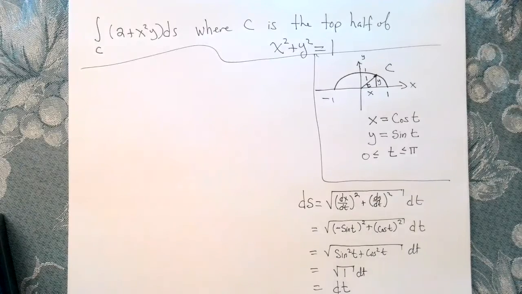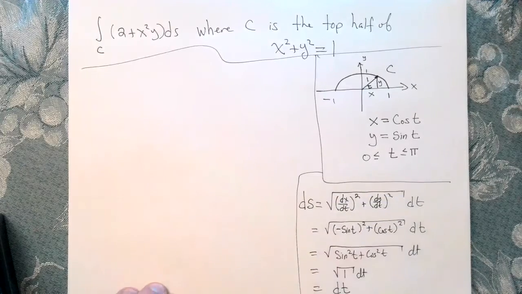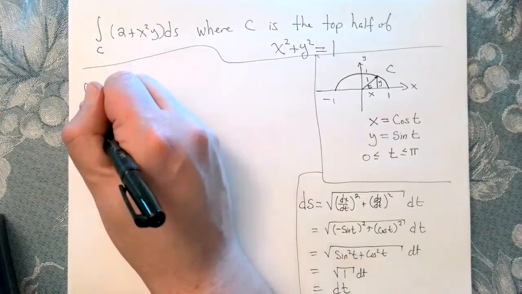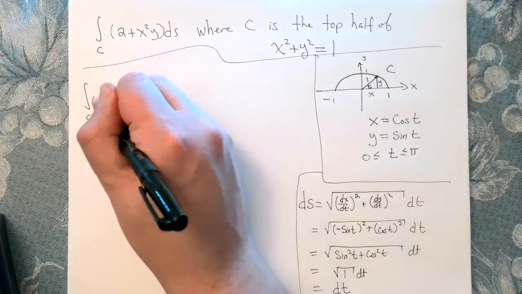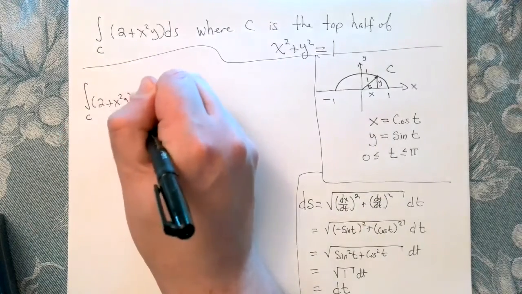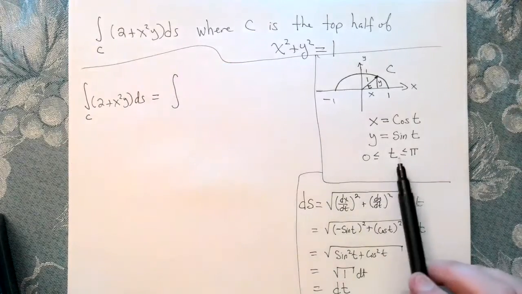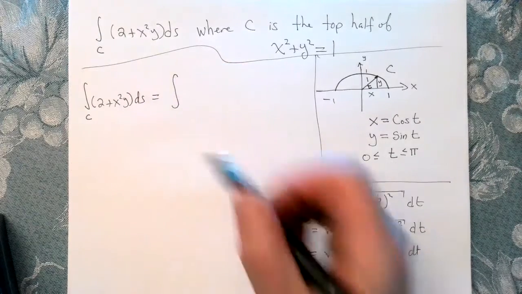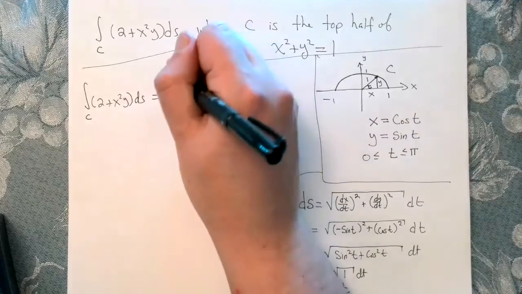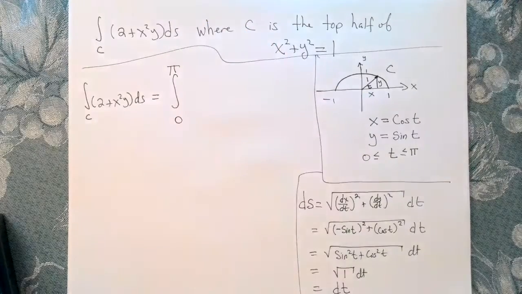So let's see what we're left with here. So let's go ahead and compute our line integral. So we've got the integral over C of 2 plus x squared y ds. Okay, well, our parameter t goes from 0 to pi, so the bounds correspond to our parameter. So this goes from 0 to pi.